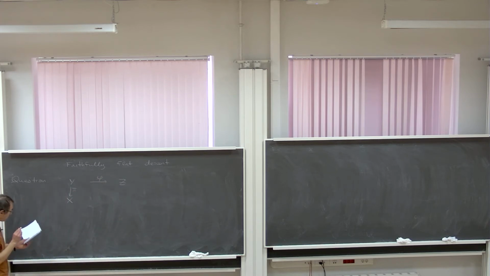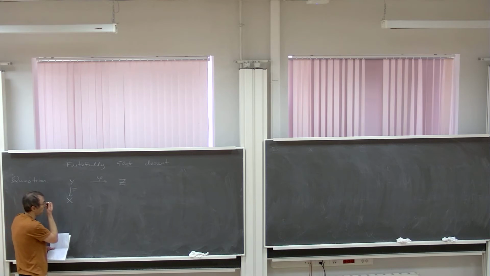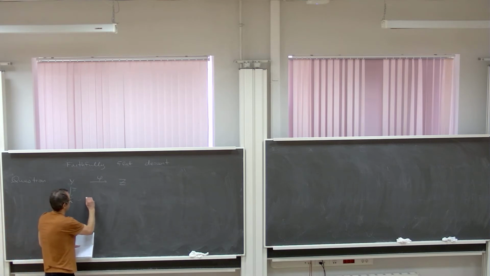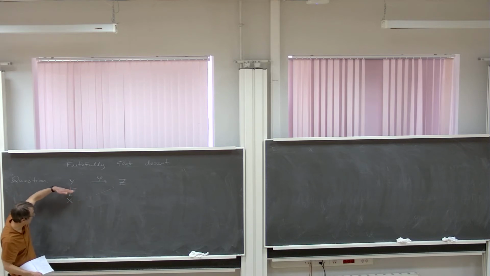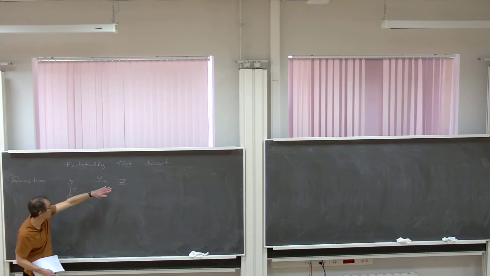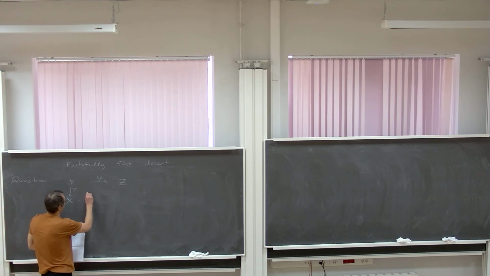So the question is whether this morphism phi descends to a morphism from X to Z, making this diagram commutative. So let's call it psi.